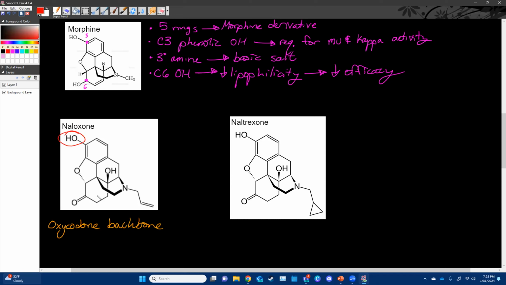We have the C3OH, which, if you remember, is a requirement for activity. We have the ketone with the lack of double bond, which is increasing lipophilicity. And then finally, we have that C14OH, which makes it mu only.